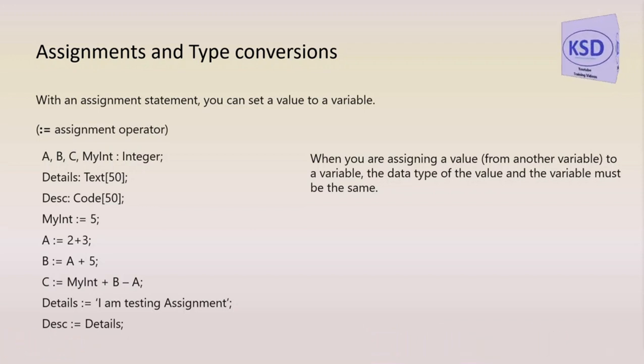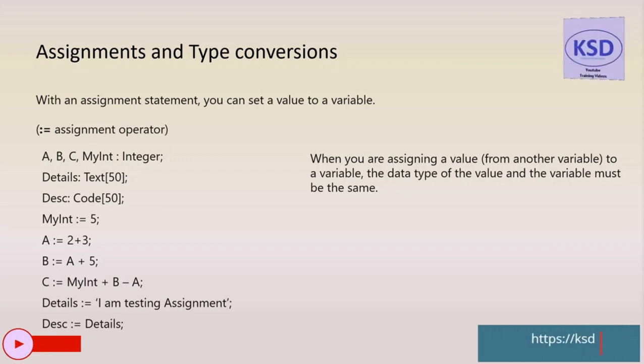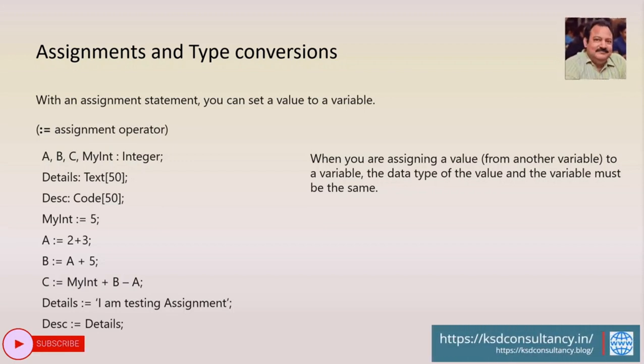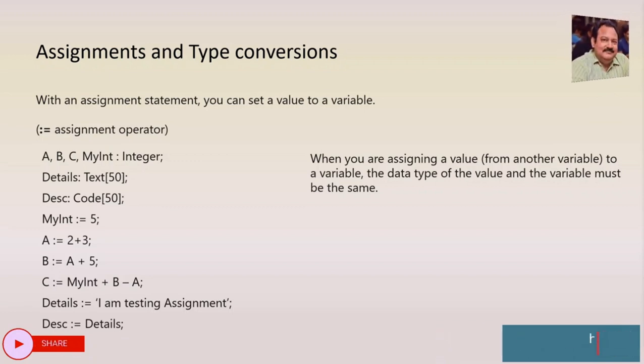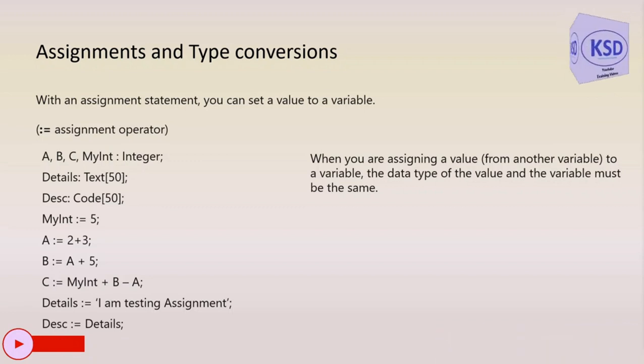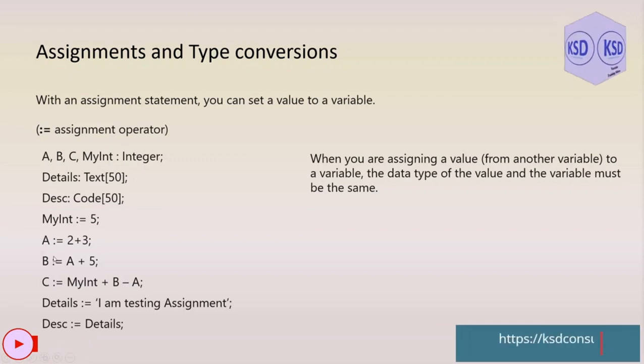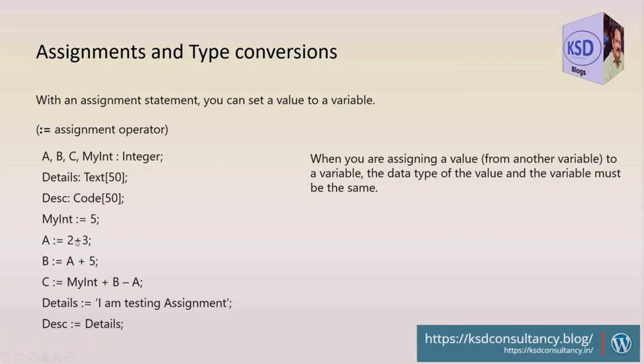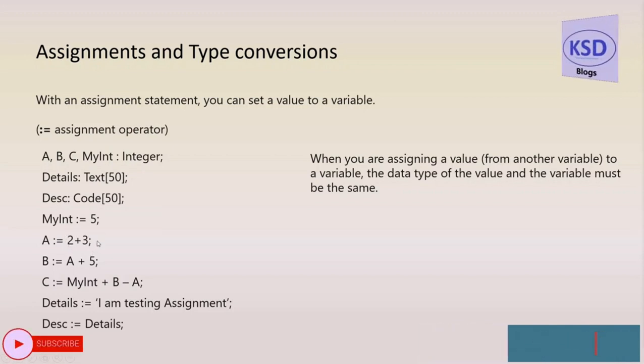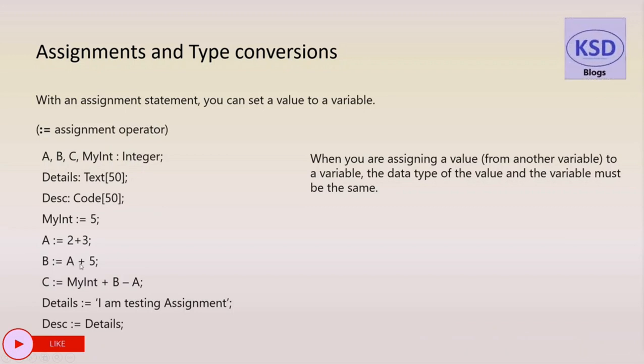Now I am defining my integer is equal to 5, which means I am assigning the value 5 to the variable my integer. For A, I am saying 2 plus 3, which means A will get the value of 5. For B, I am saying A plus 5.